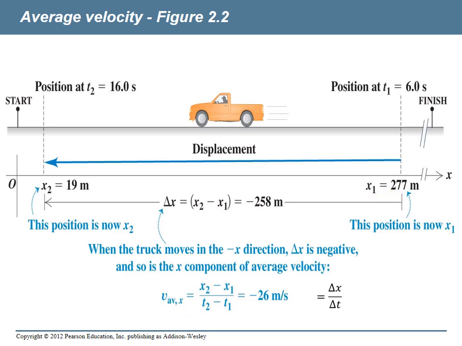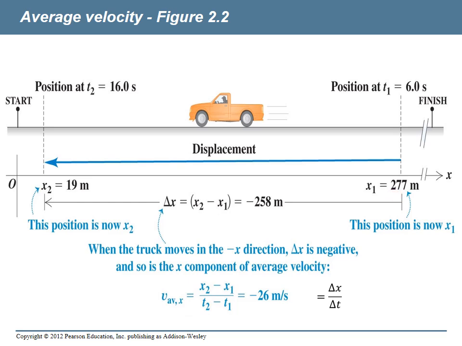We had a start line here, which is at a distance of 0, and position x1 is 277 meters from that start position over here. Okay, so time 1 is 6 seconds, position 1 is 277 meters.